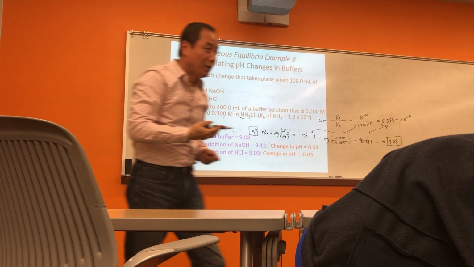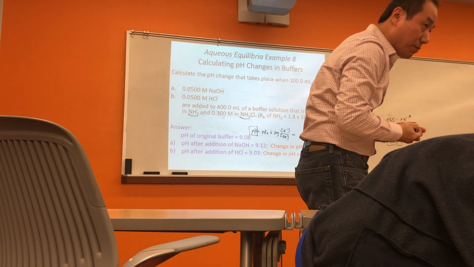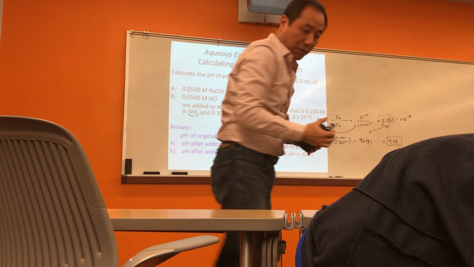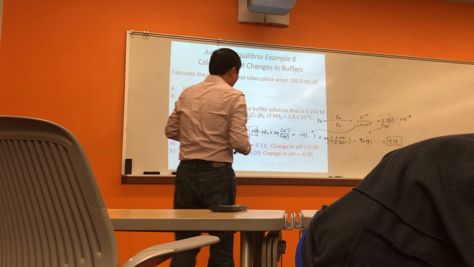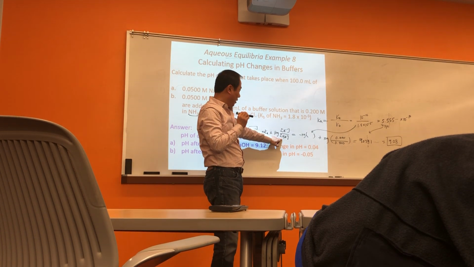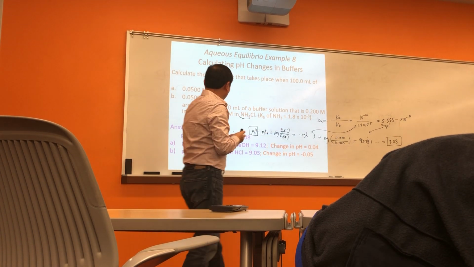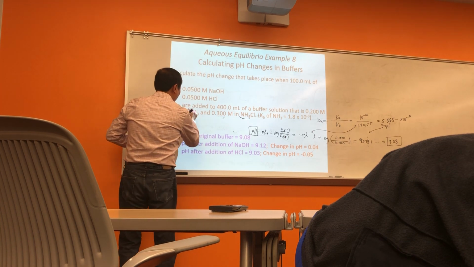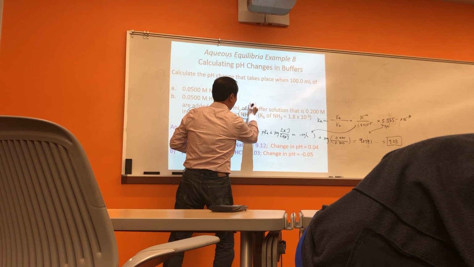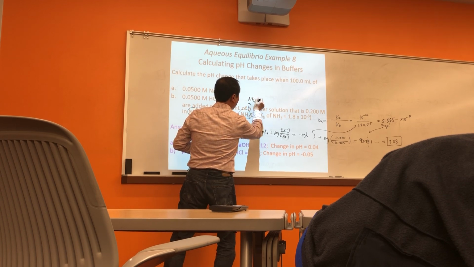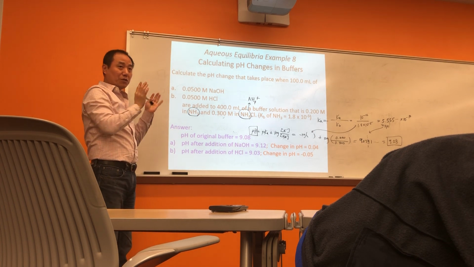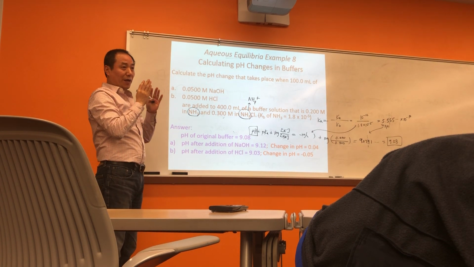This is gonna be a dumb question, but how do you identify the A minus and the HA again? HA is supposed to be the acid, A minus the base. When we have ammonia and ammonium, between the two we're going to identify which one is base and which one is acid.